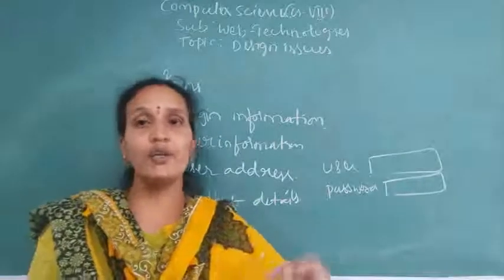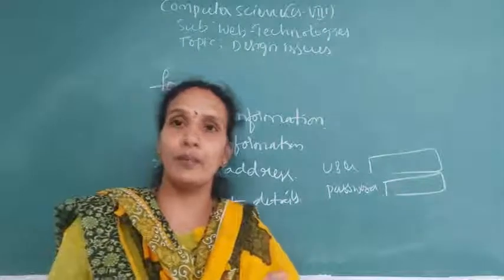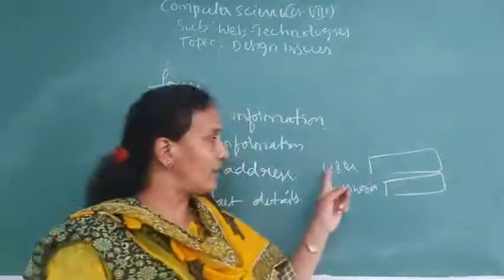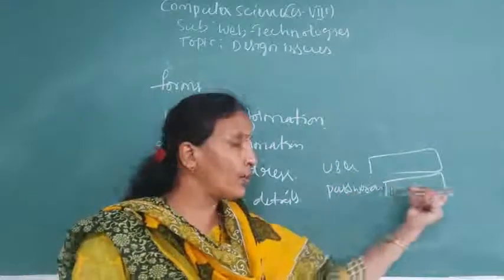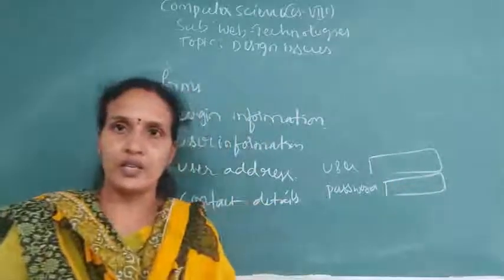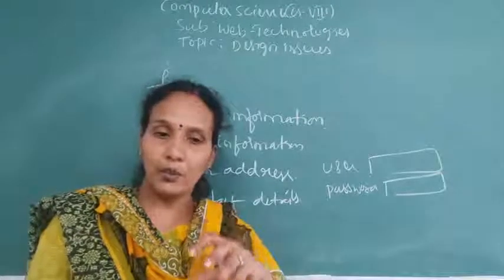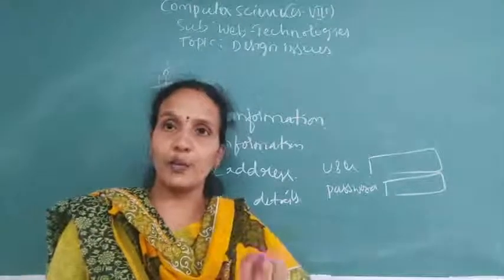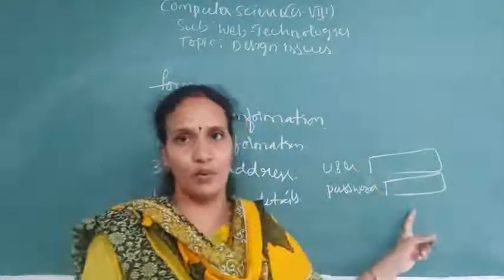See the example here: instead of a password, if I give text, then whatever password the user enters is visible, so there is no security for the user data. So according to the type of input you are collecting from a user, you select the form input control.